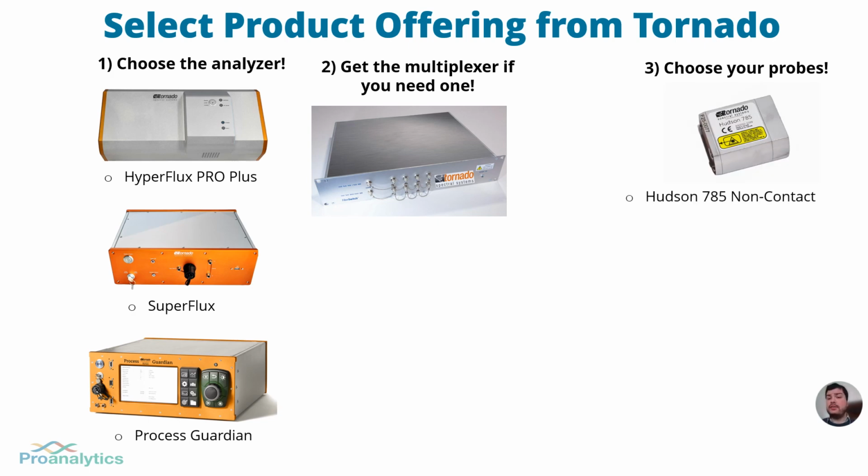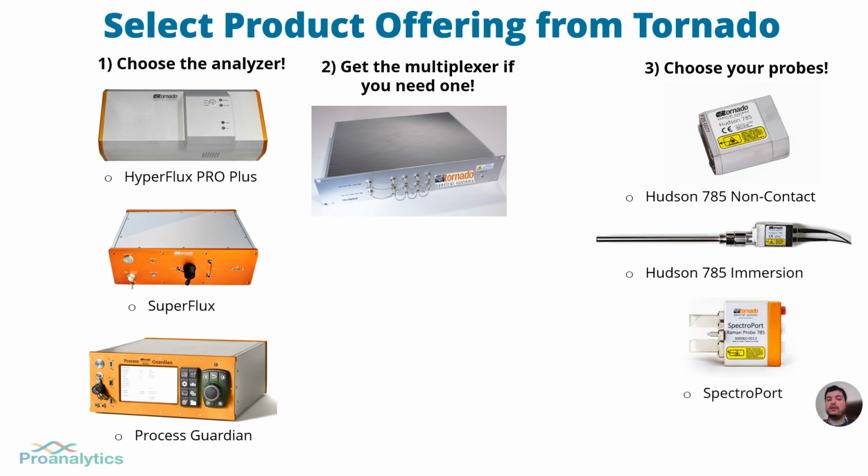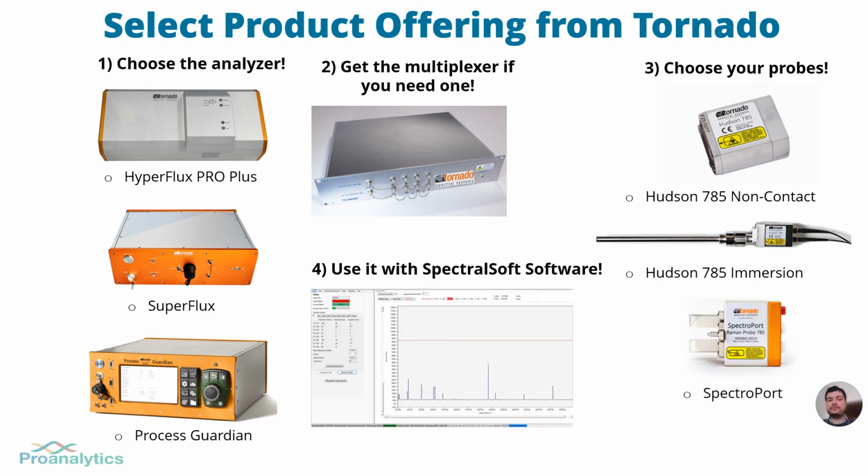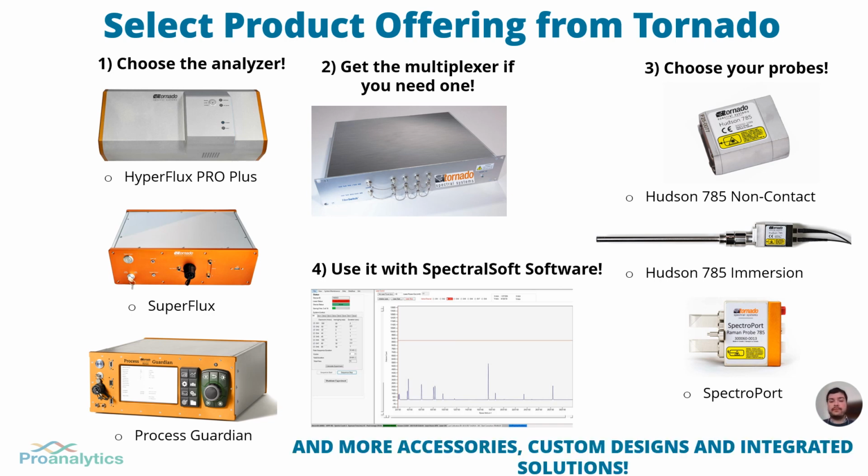So it can be the Hudson 785 non-contact, Hudson 785 immersion, or the SpectroPort. If you need it, use it with the SpectralSoft software. And there are also a lot more accessories, custom designs, and integrated solutions. For all of these, please feel free to contact ProAnalytics.